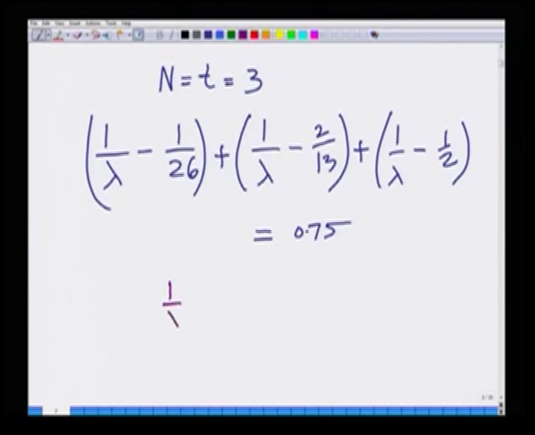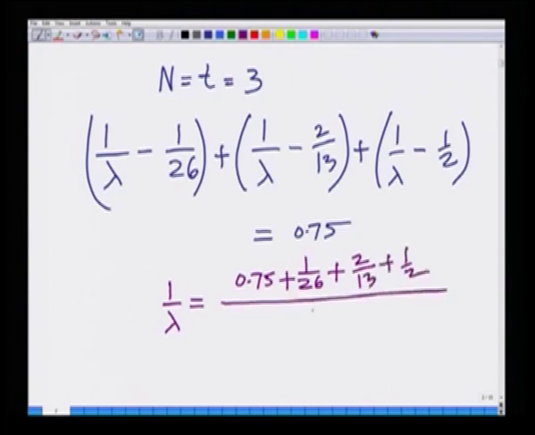I can solve this as follows: 1 by lambda equals 0.75 plus 1 by 26 plus 2 by 13 plus half, divided by 3, equals 0.48. So, corresponding to this assumption, the value of 1 by lambda is 0.48.